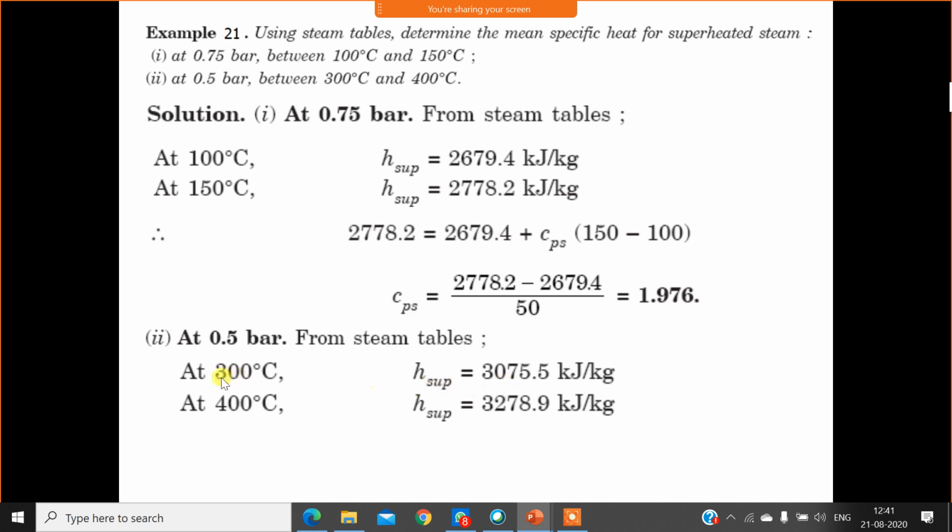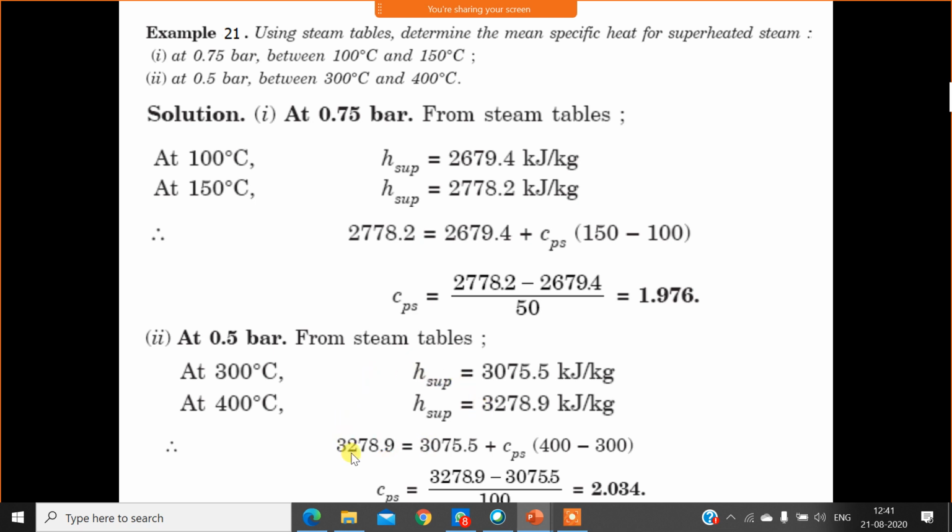Enthalpy of superheated steam at 300 degrees Celsius is 3075.5 kilojoule per kg, and at 400 it is 3278.9.